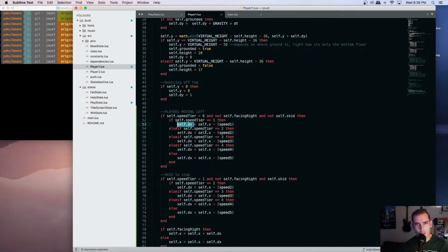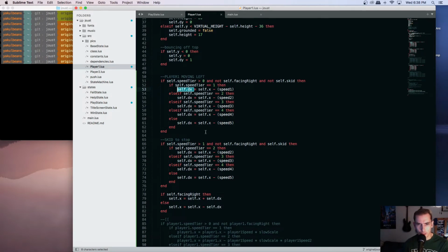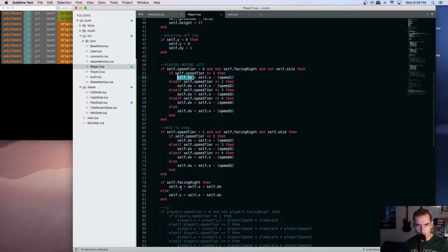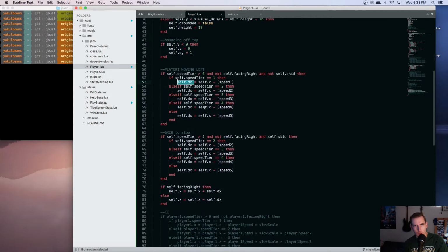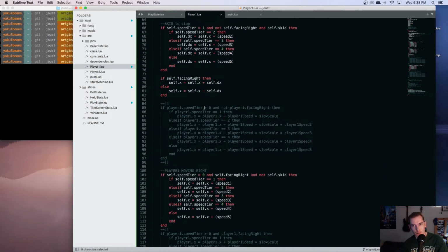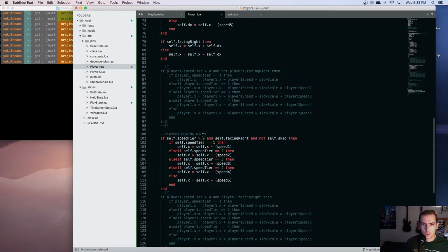I think the mistake is right here, where we're not... its x gets its current x shifted by its dx. Wow. This is hard. Oh, well. This might help.